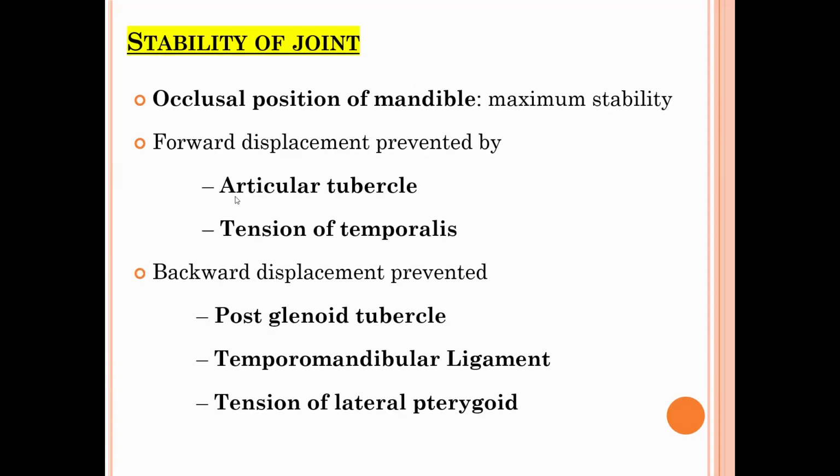Okay, stability of the joint. In the temporomandibular joint, the occlusal position of the mandible provides the maximum stability, because the joint is surrounded by all the structures. Forward displacement is prevented by the articular tubercle and the tension of the temporalis.